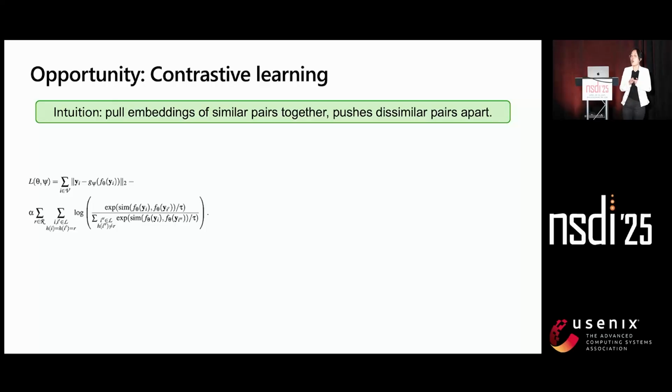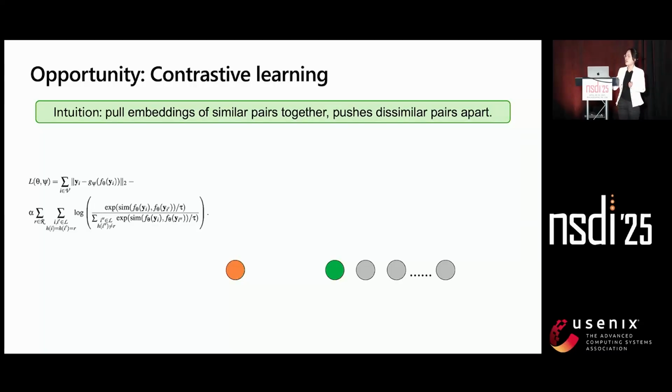And we find an opportunity with the concept of contrastive learning. The intuition behind contrastive learning is that we want to pull the embeddings of similar nodes together while pushing different nodes with different rows apart. And here's the loss function, but you don't need to read it. I'm going to give you an intuitive example of how contrastive learning works.